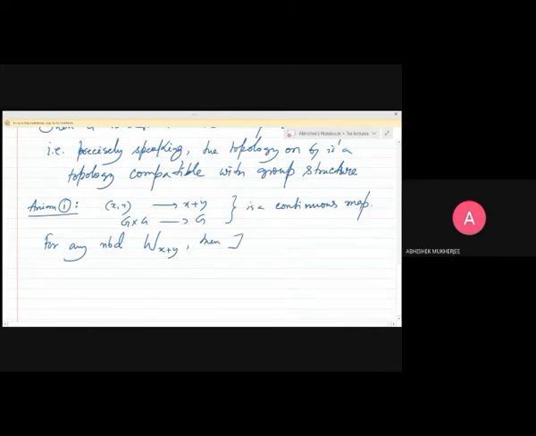Then there exist neighborhoods U around x and V around y such that U plus V will be a subset of W. So axiom 1 tells you this fact, that given any neighborhood around x plus y, you are going to have two neighborhoods, one around x and another one around y, such that their sum will be a subset of W.